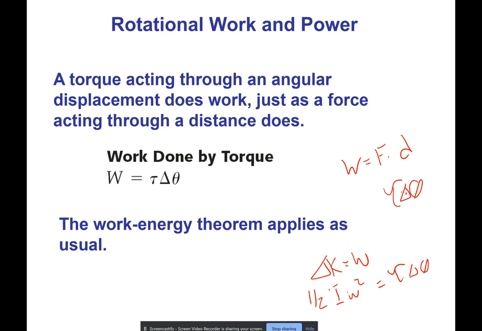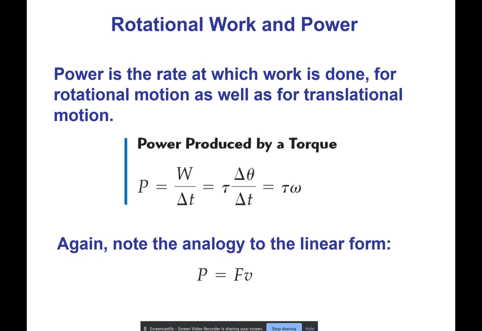So the same exact equations work from linear to rotation. You're just converting them into their angular counterparts. The same thing with power. Your power is work over change in time, and you can plug in for power and then take a step further and see that it equals torque times omega.